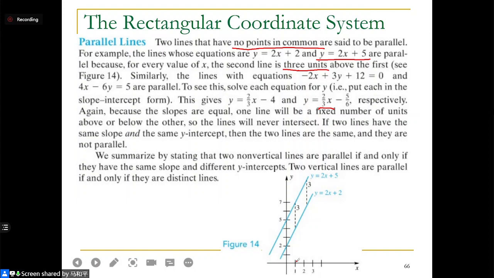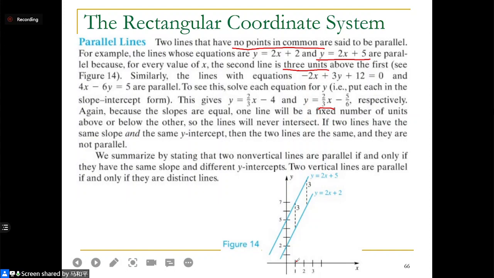Similarly, the lines with equations minus 2x plus 3y plus 12 is 0 and 4x minus 6y is 5 are parallel. To see this, we should solve each equation for y, to compare. We should put it in the slope-intercept form.